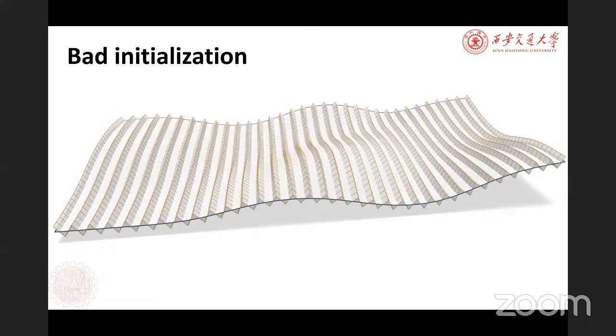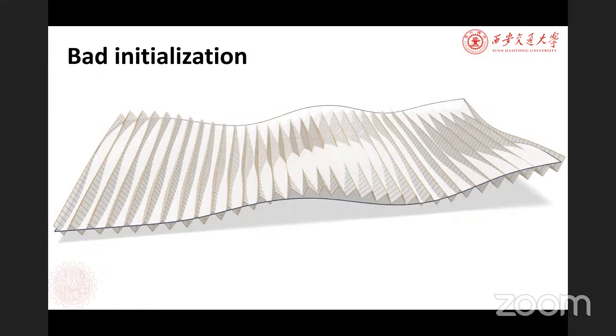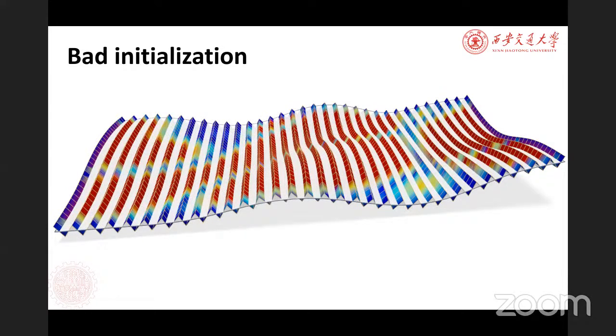If we require the given mesh to be asymmetric to a 2D plane, then the structure, this is the result, will go far away from the reference shape. But if we add the weight of the closeness, then we can never get a planar quad. Here the red means the quads are not planar. So under such an initialization, we cannot get very good computational results.